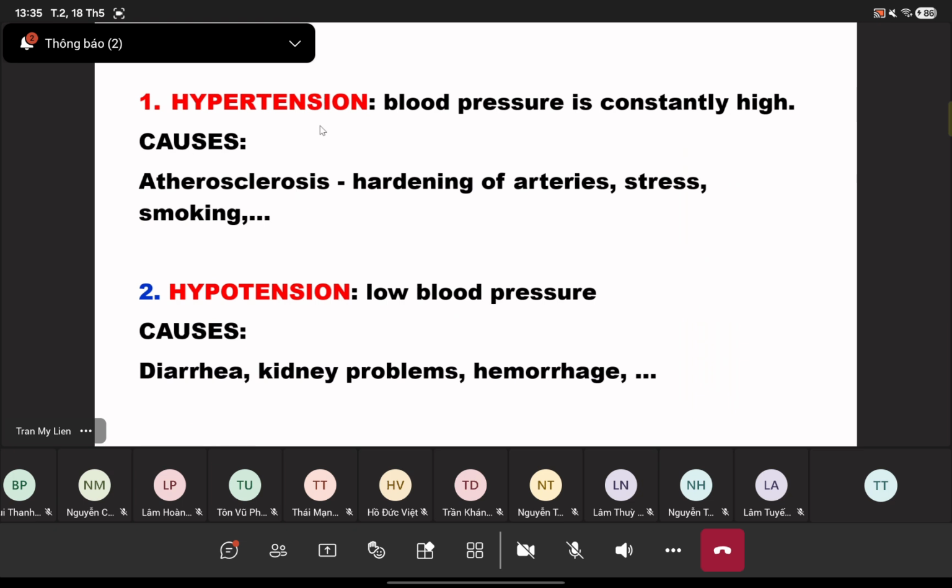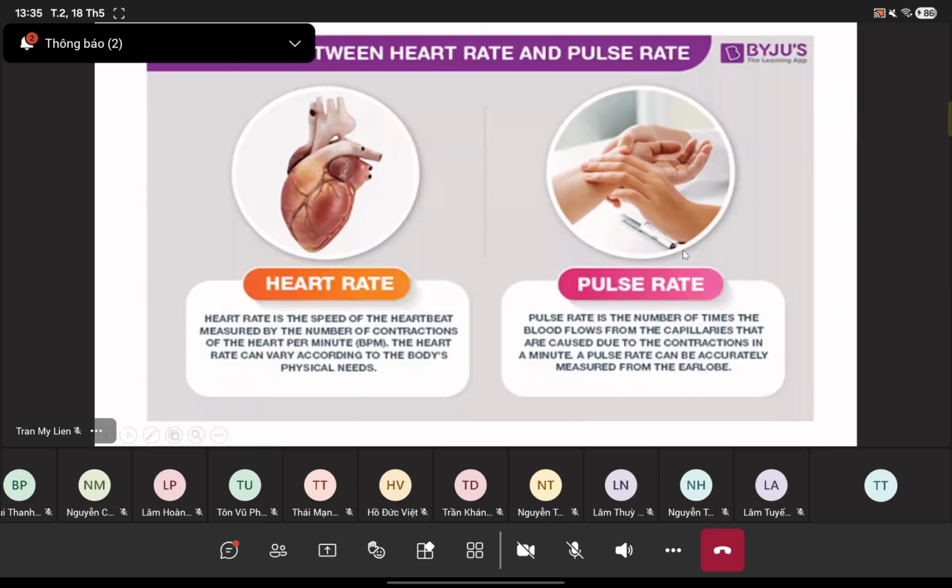Two conditions involving blood pressure are hypertension, meaning high blood pressure, and hypotension, low blood pressure. But make sure that you know the difference between the heart rate and the pulse rate.